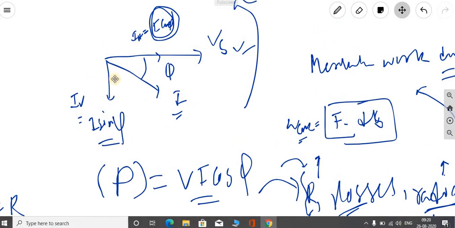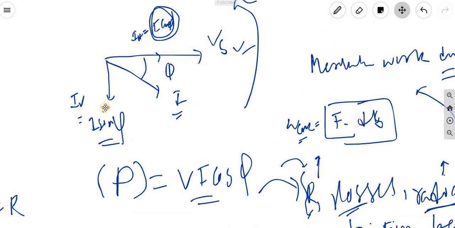But if you see this voltage and current, these are 90 degrees apart.